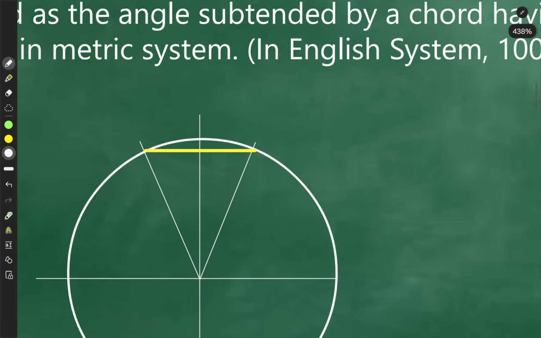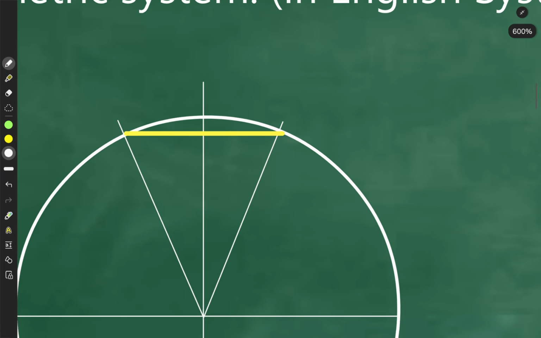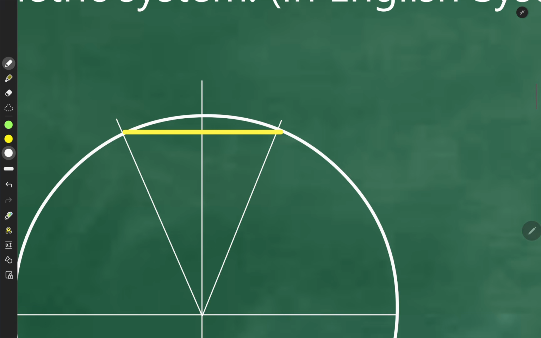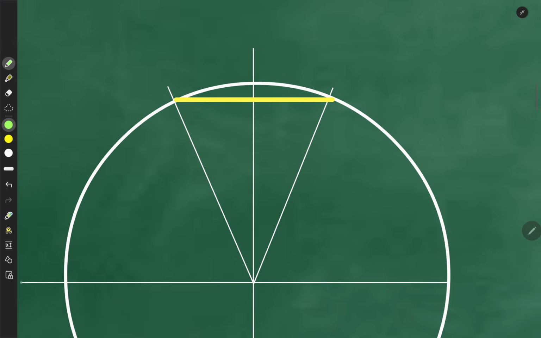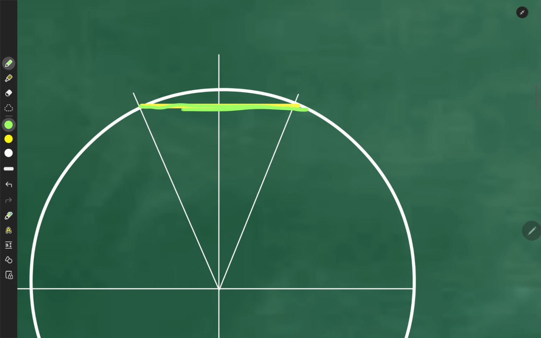So kanina, doon sa arc definition, yung 20 meters ay nandito sa ating arc. Ngayon, yung 20 meters na ay ito na mismo by chord definition. So yung 20 meters ngayon ay yung ating long chord.